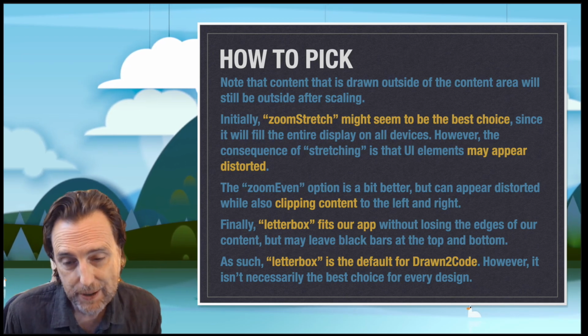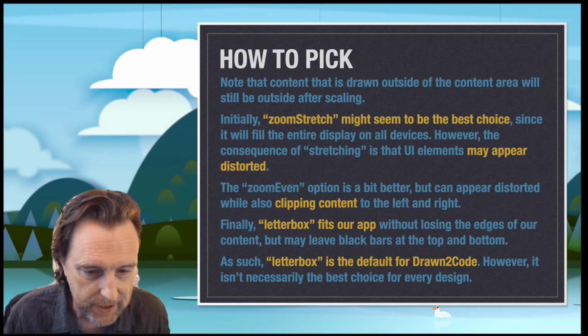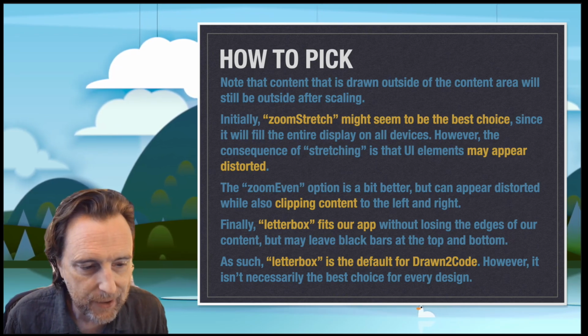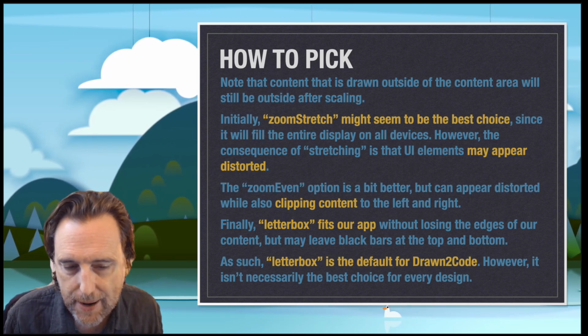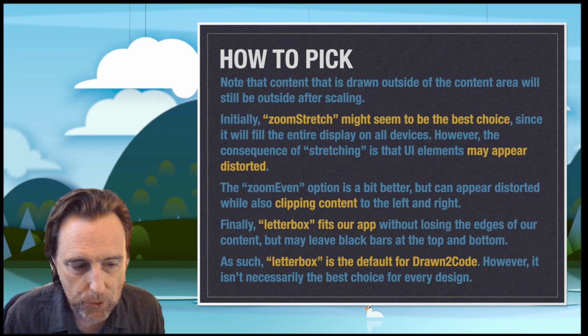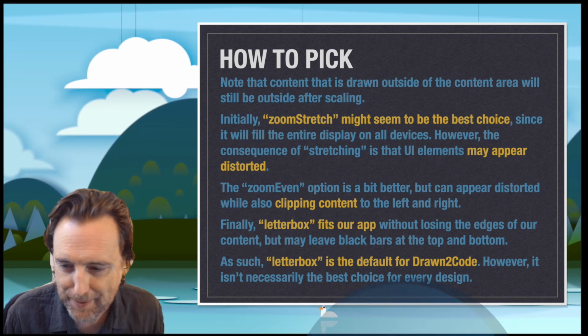Functionally, maybe it's the easiest because you don't have to worry about stuff getting truncated, and you're also using every pixel of the device screen. So conceptually, I know the kind of app that zoom stretch would work well with. I just can't think of an example of that app.